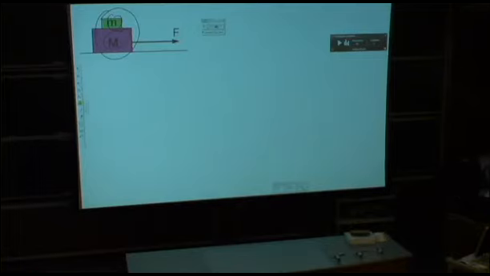For example, for the whole system, here, force of kinetic friction, and the force of gravity acting on the whole system, and here the normal force acting from the tabletop on the lower box, and the acceleration points to the right, and positive x direction points to the right, positive y direction points up.